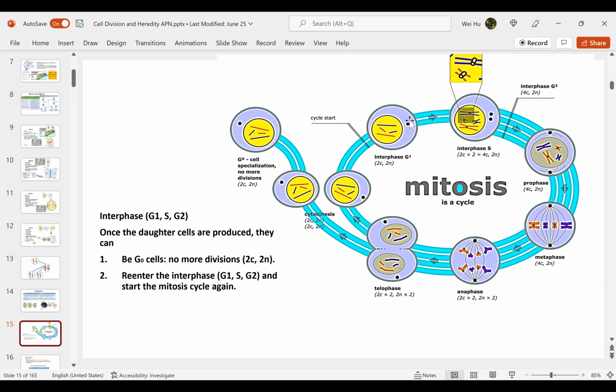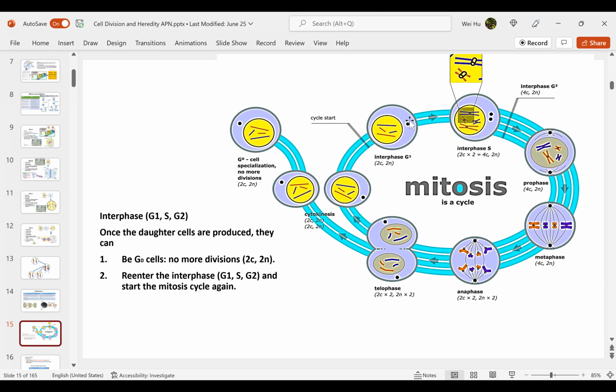Certainly all of your body cells should have potential to divide, but be careful though. Some cells have a high potential, such as your skin cells, your stomach cells, your liver cells. Some cells have a very low potential, such as your brain cells, your nerve cells, your muscle cells. If you damage your brain or your muscle, almost no chance to come back completely.